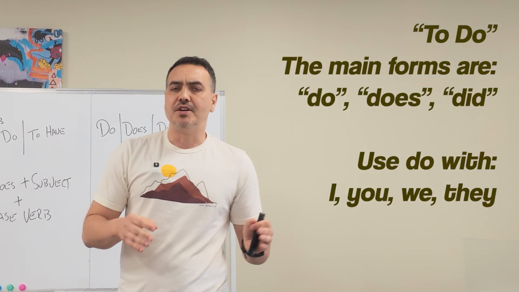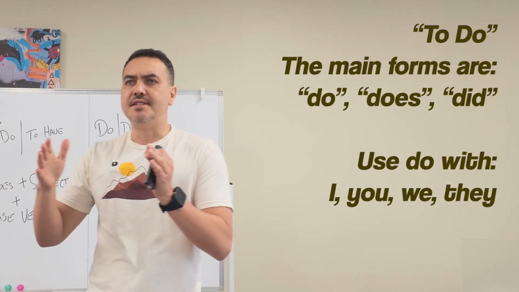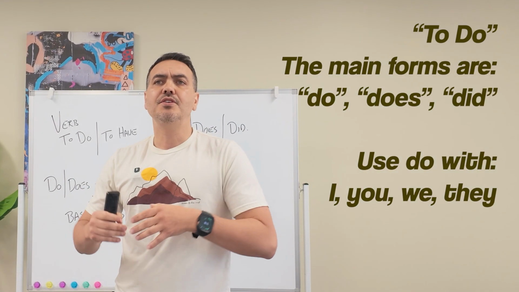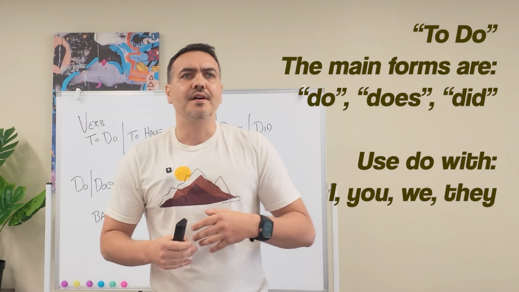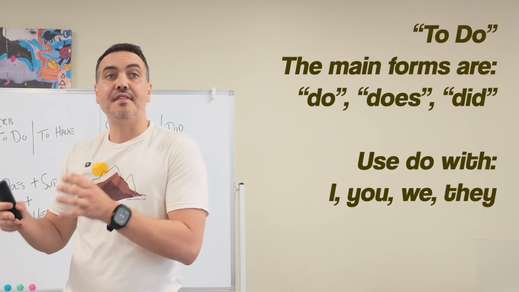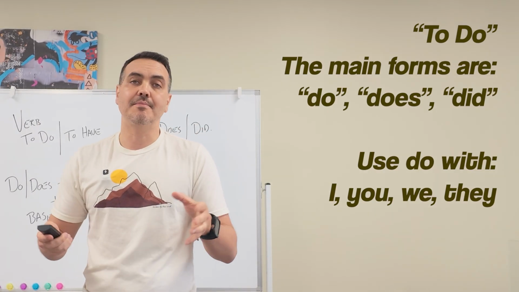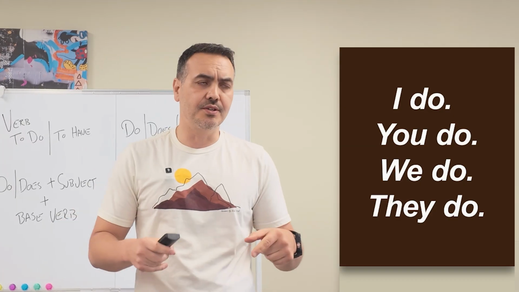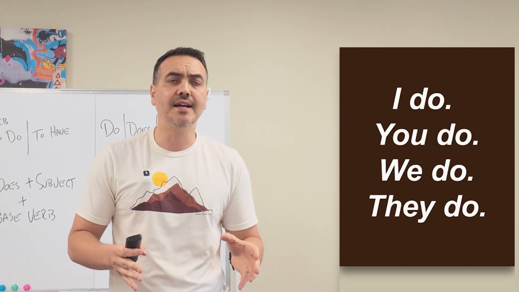The main forms are do, does, and did, okay? You use the word do with I, you, we, and they, okay? For example, I do, you do, we do, and they do, okay?